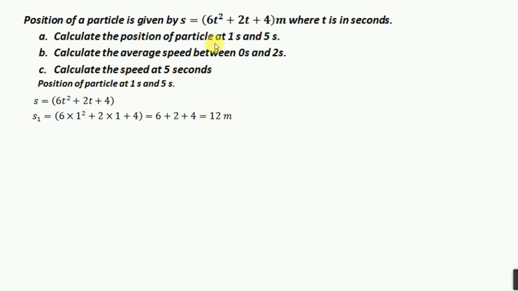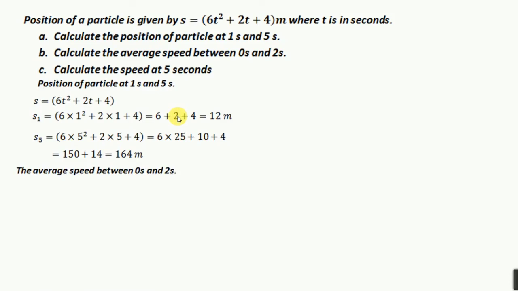So the object is at 12 meters when time is 1 second. Now let's see the position when it is 5 seconds. Same thing I'm doing. I'm getting 164 meters. So at 5 seconds the position is 164 meters. So you can see here how the position changes with time.